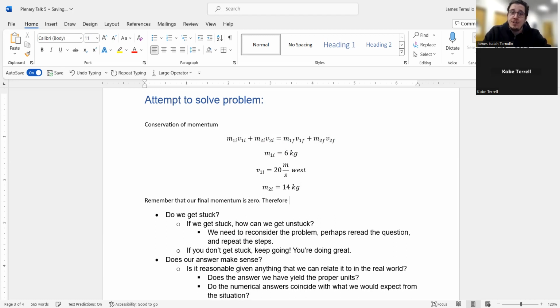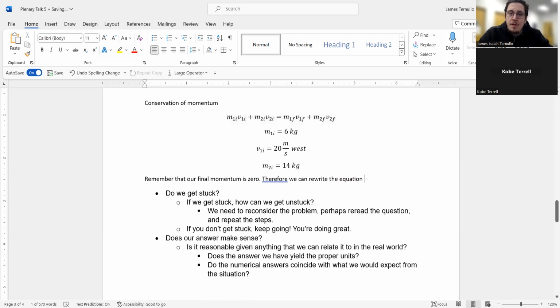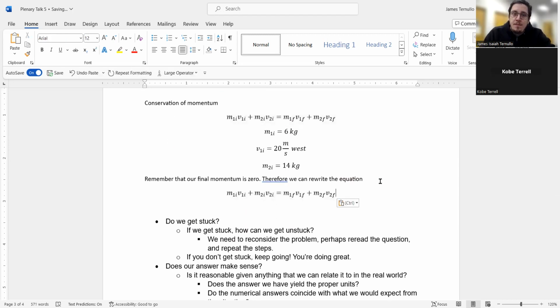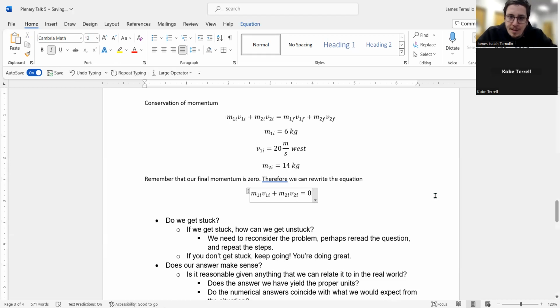Therefore, we can rewrite the equation like this. And so now we literally have everything that we need except this, which is what we're looking for. We're looking for the initial velocity of the second object, which was the 14-kilogram ball.